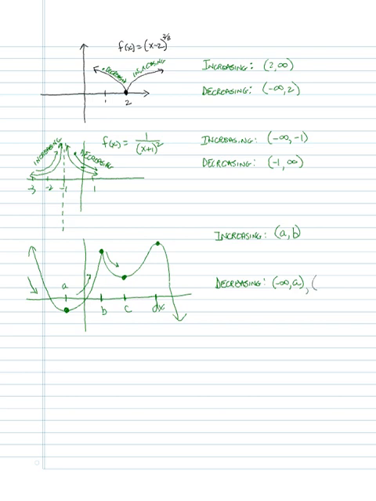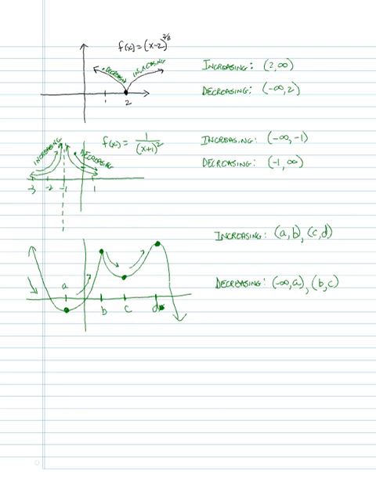It starts decreasing when we get to B, and it stops decreasing when we get to C. And likewise, after we pass C, we're increasing, aren't we? And we continue to increase until we get to this peak. So we started increasing at C, and we stopped increasing at D. So we're increasing from C to D.